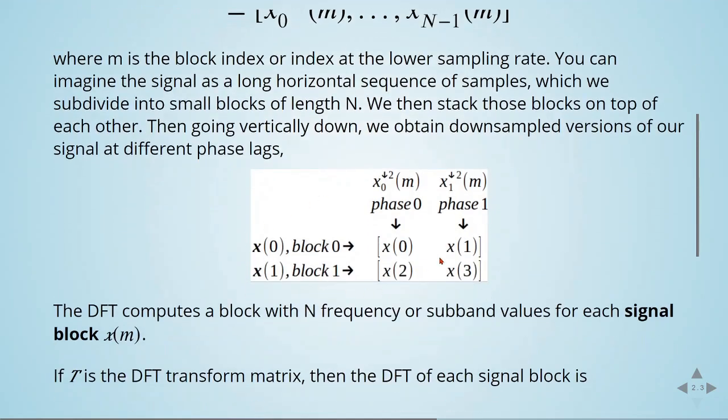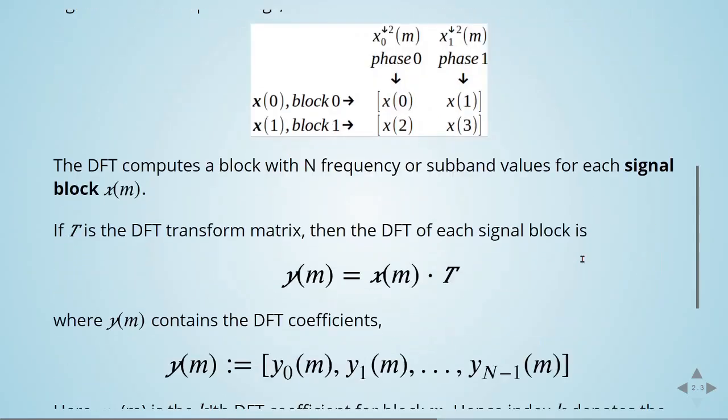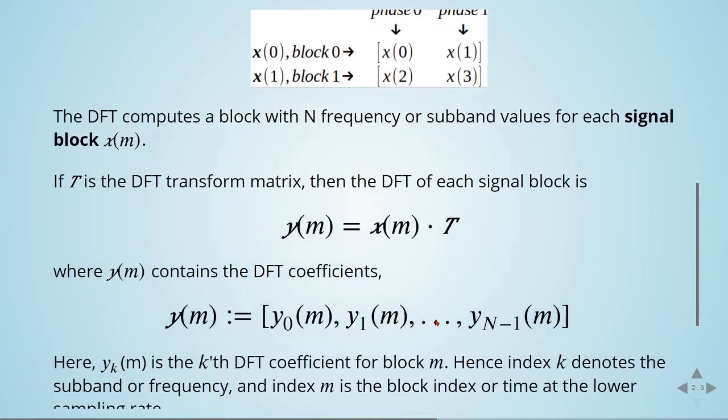We see here. The DFT computes a block with capital N frequency or subband values for each signal block X of M. If capital T is the DFT transform matrix, then the DFT of each signal block is given here, where Y of M contains the DFT coefficients, as we show here.